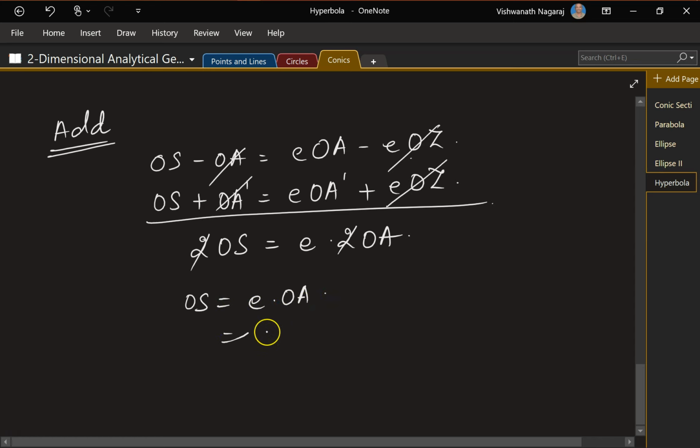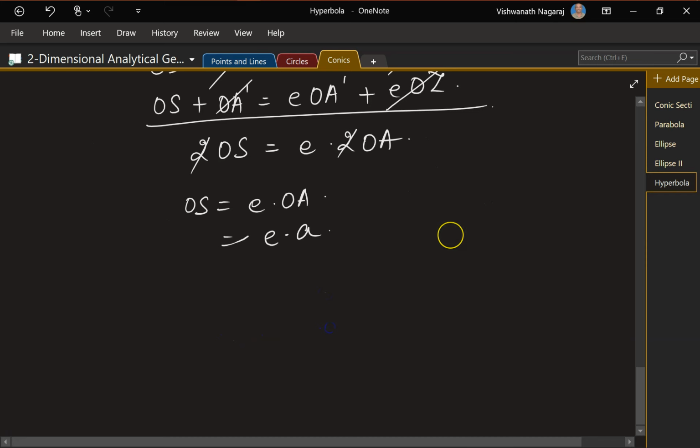Now EOA is nothing but aE. Okay. So which basically means that the focus is at (aE, 0). Remember, the focus is on the x-axis, it is at aE and y is equal to 0 because it is on the axis itself.